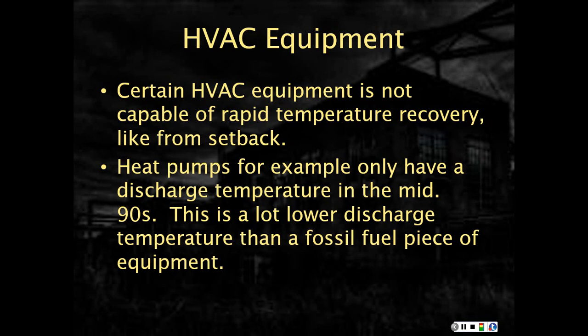HVAC equipment. Certain HVAC equipment is not capable of rapid temperature recovery. So temperature recovery is similar to recovery from setback. Heat pumps, for example, only have a discharge air temperature in the mid-90s. This is a lot lower discharge temperature than a fossil fuel piece of equipment. So heat pumps in particular have a terrible time recovering from setback just because of their low temperature discharge.